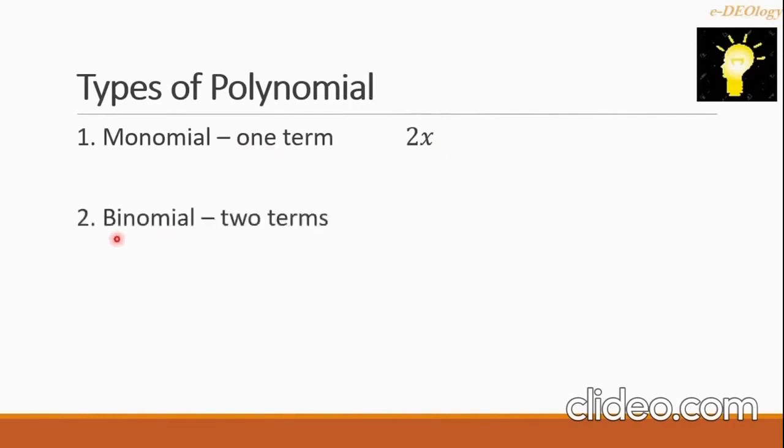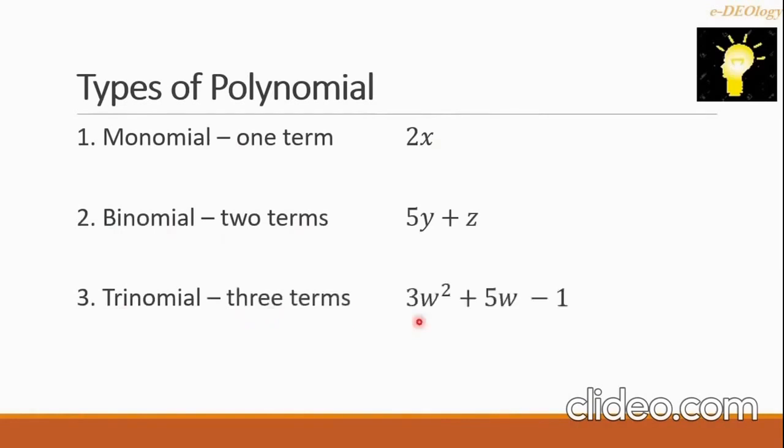The word bi denotes two terms. Example is 5y plus z. Third type is trinomial. The prefix tri denotes 3. Example is 3w squared plus 5w minus 1.